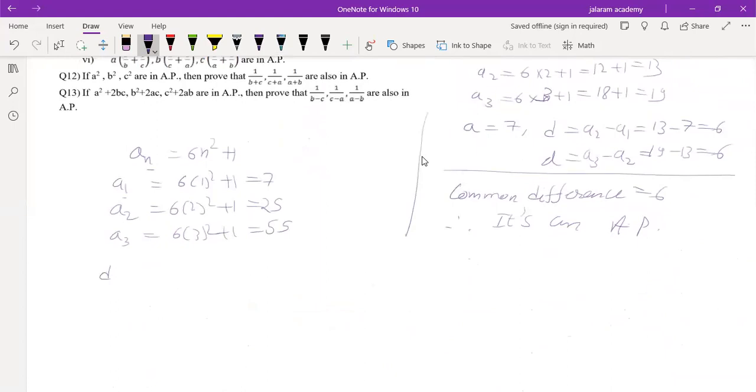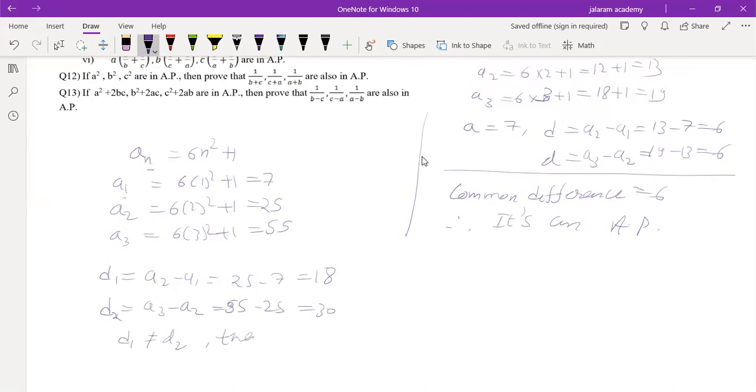So clearly when we find the difference, A2 minus A1 is 25 minus 7 equals 18. Again, when we find the difference between the next two terms, A3 minus A2, it is 55 minus 25 equals 30. So the difference is not common.